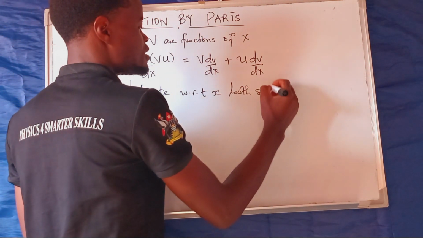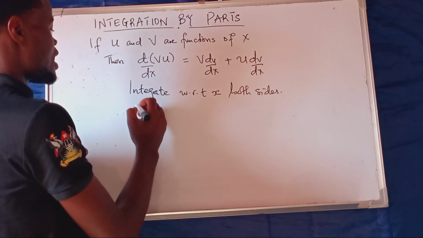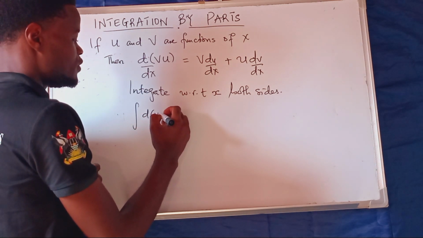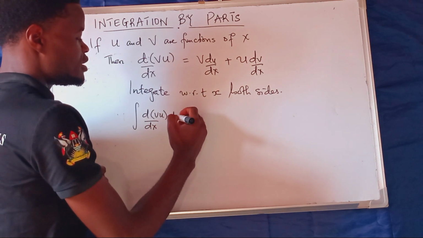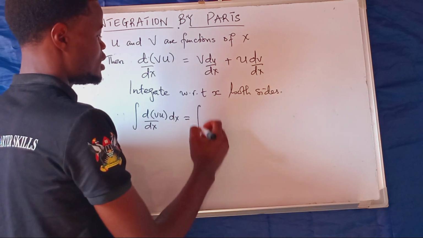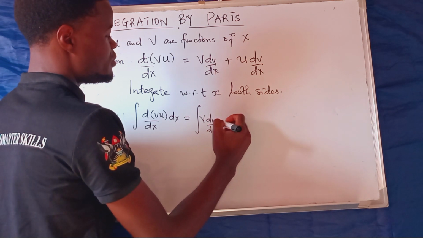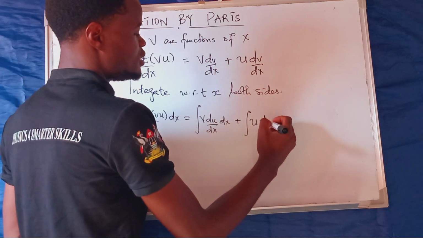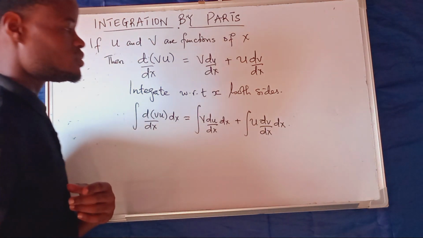So I will have the integral of d(uv)/dx, which is the integral of v du by dx with respect to x, plus the integral of u dv by dx with respect to x.